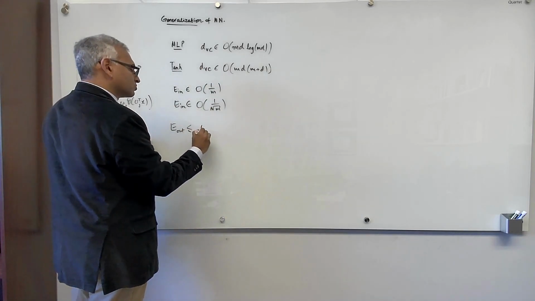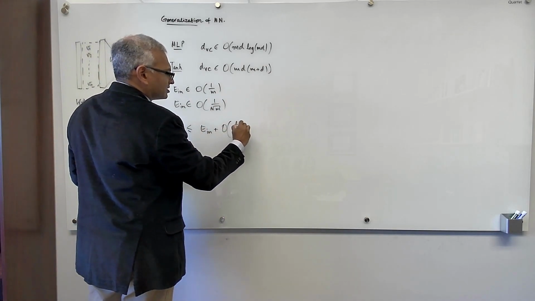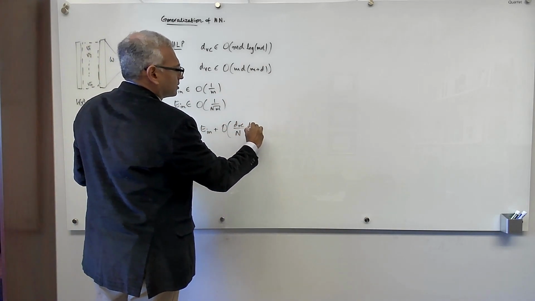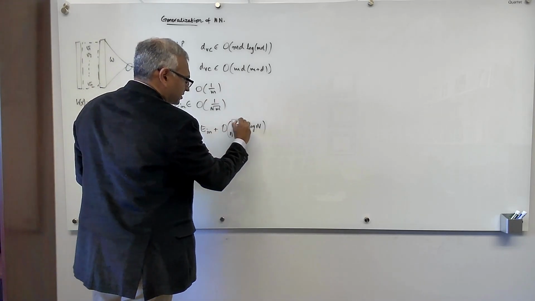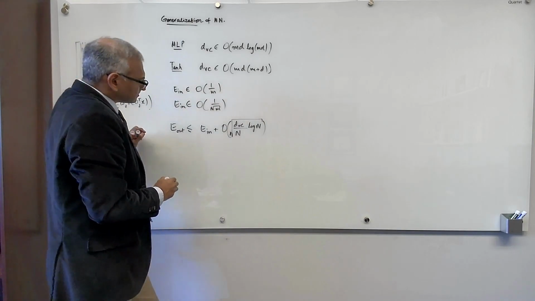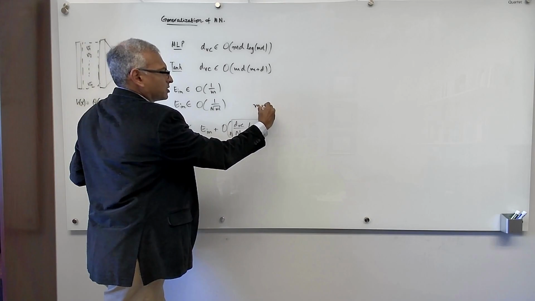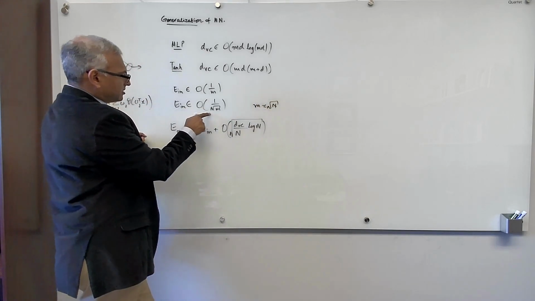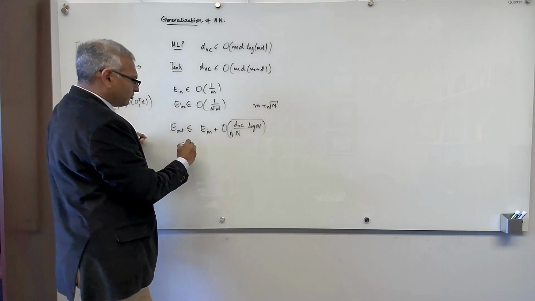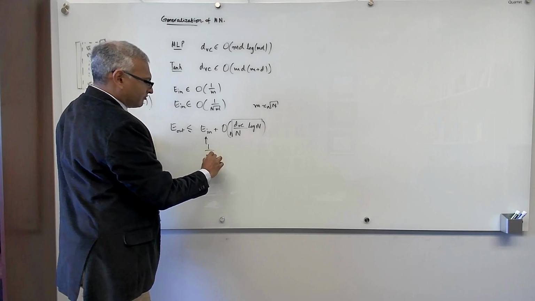E out is less than or equal to E in plus the VC error bar, order of dVC over n log n, and there's a square root here. So let's see. If we choose m approximately equal to square root of n, then this becomes order of 1 over n to the 1/4.